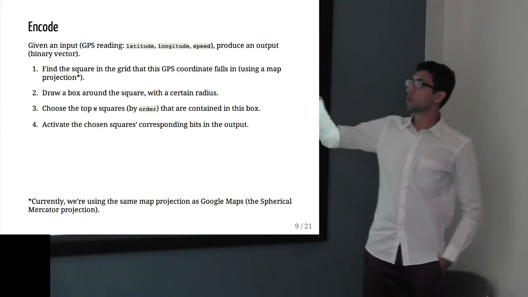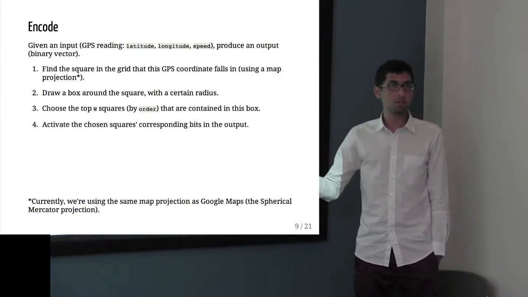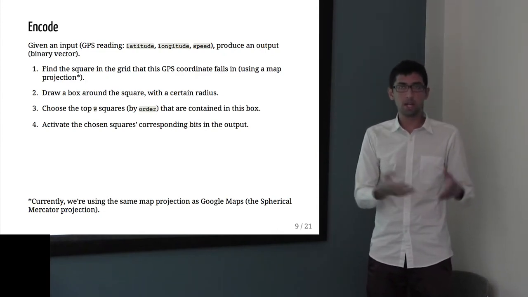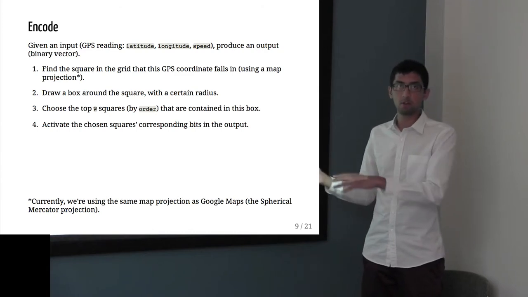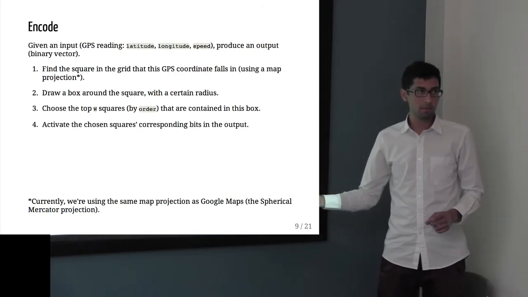The way you do this is, first you find the square in the grid that this GPS position corresponds to. You do this using a map projection. So you project the Earth onto a 2D map using some form of map projection. We're using the same map projection as Google Maps.